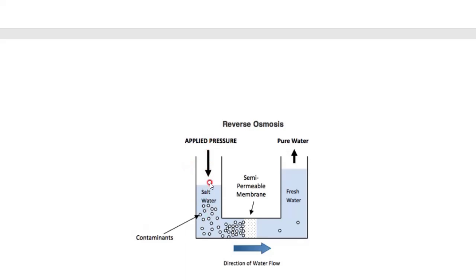So when we apply the pressure, the water will pass through this membrane. But since it is semi-permeable, this membrane allows only water to pass through, and the rest of the minerals, ions or the salt content is retained here itself. So here what we will get is pure water. In this pure water, more than 95% of salt or any minerals is removed.